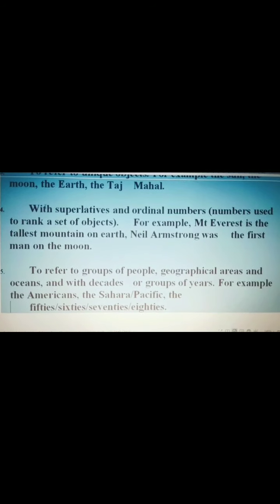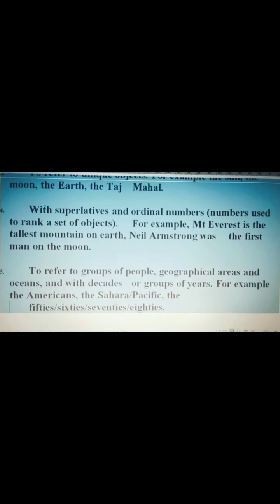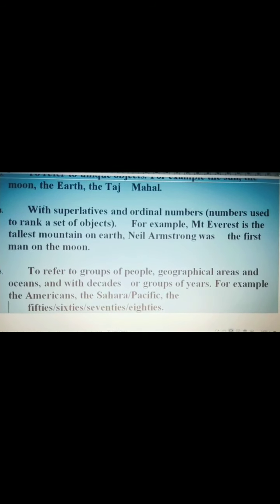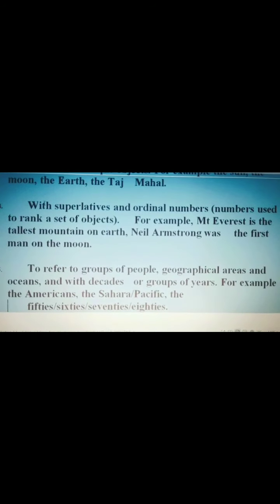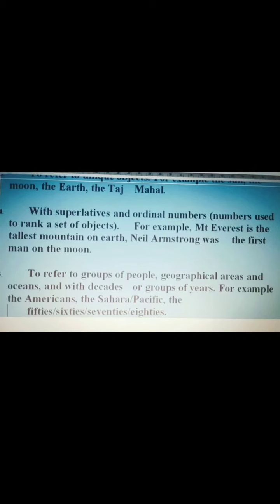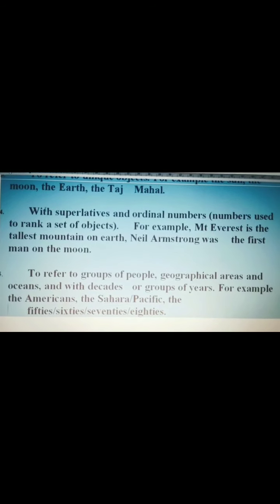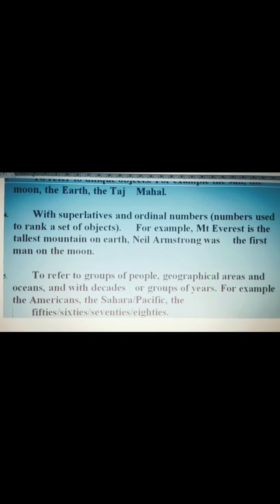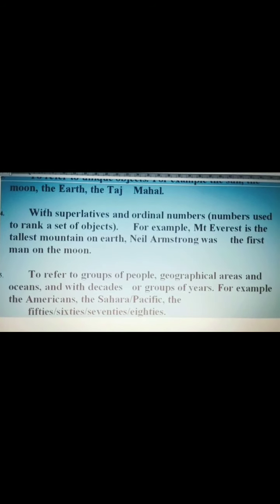Next one, to refer to groups of people, geographical areas and oceans, and with decades or groups of years, also we are going to use the. The examples: the Americans, the Sahara, the Pacific, the 50s, the 60s, the 70s, the 80s. So these are a few examples where we have seen that the use of the can be done.